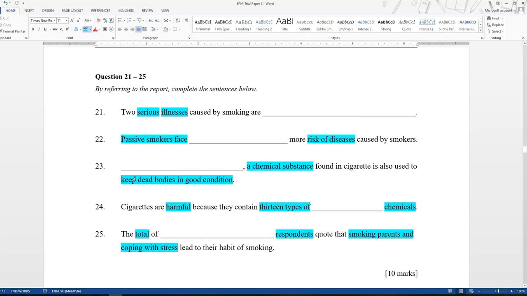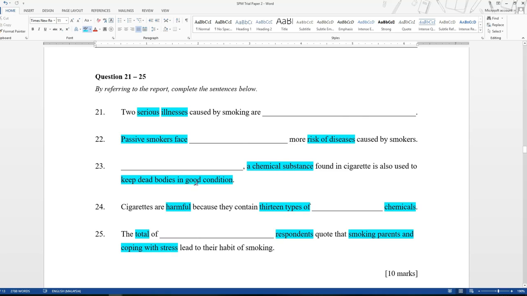Next one for question 23, there is something that you need to fill in here, and the keyword here is a chemical substance. Bahan kimia. So it's a chemical substance found in cigarette, is also used to keep dead bodies in good condition.